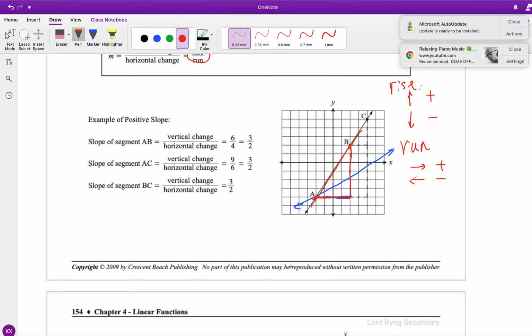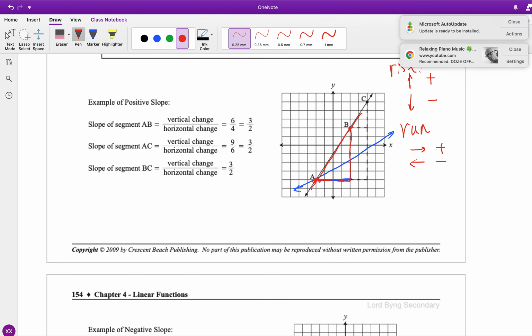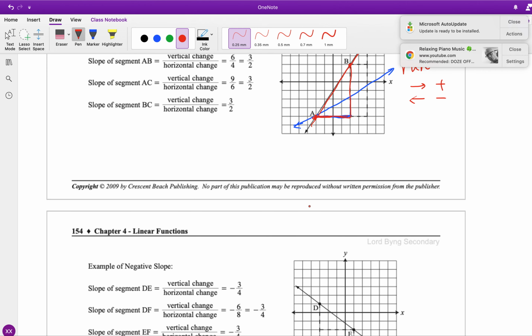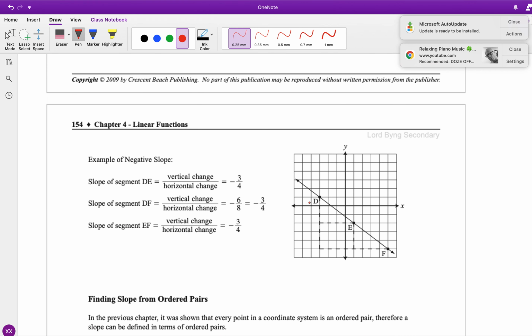All right. Here it just says you can take a different segment. You can go from A to C, but if you count them, the ratio will be exactly the same. Now let's take a look at a negative slope. If I pick this point and this point, from D to E, I came down 1, 2, 3.